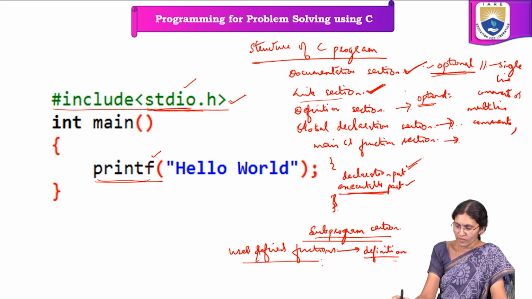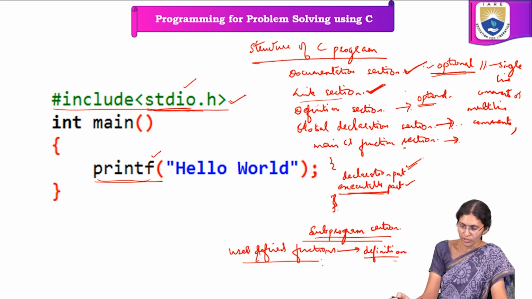Next is the definition section, which is also optional; we have not defined any symbolic constants here. Next one is the global declaration section. We have not used any global variables either, so that section is also not included in this program.